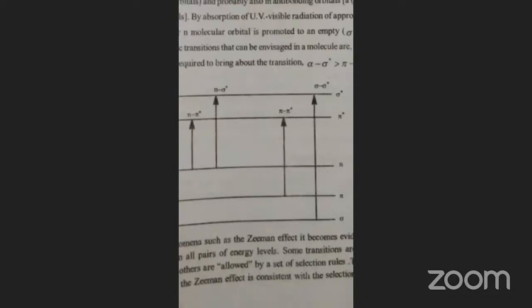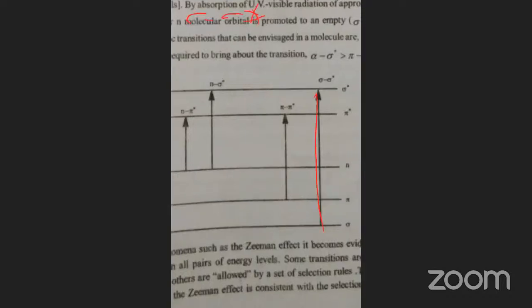Okay, once I repeat again, generally these UV visible transitions are of four types. One is sigma to sigma star transition. Yes, sigma to sigma star, understood.